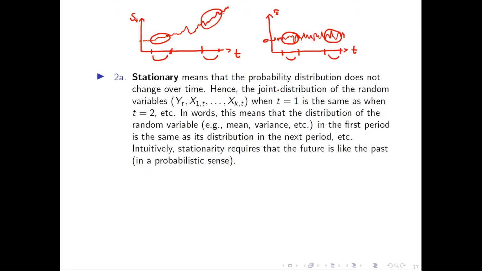And in our autoregressive distributed lag model, we have more variables. We don't only have one variable, we have k plus 1 variables, and the joint distribution, when we take samples from these, then the samples should be distributed equally from period to period.